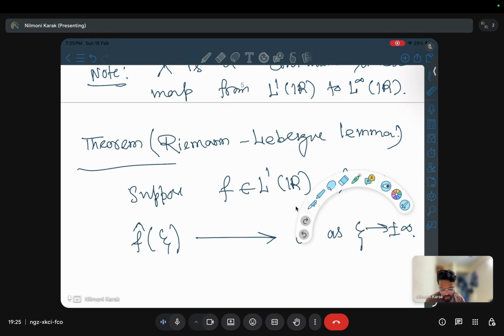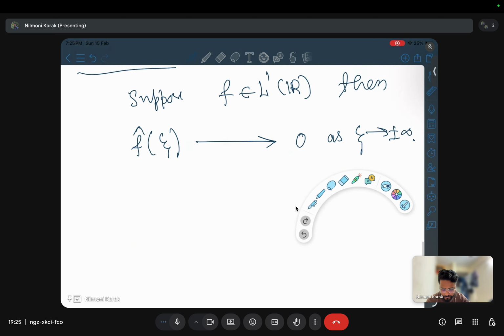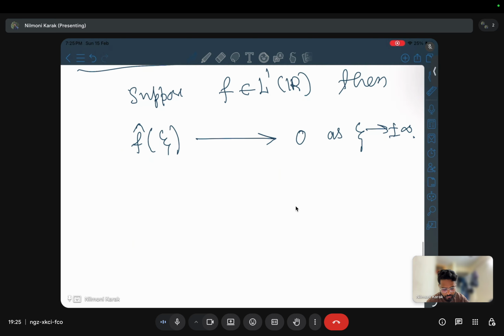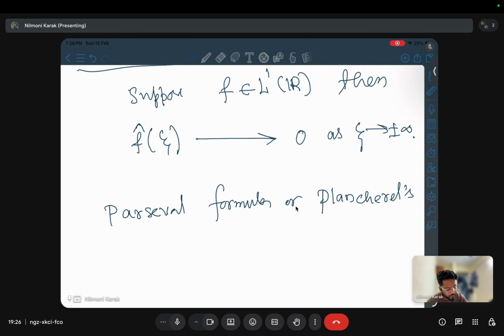Our next theorem is the Parseval formula, also known as the Plancherel formula or Plancherel theorem.